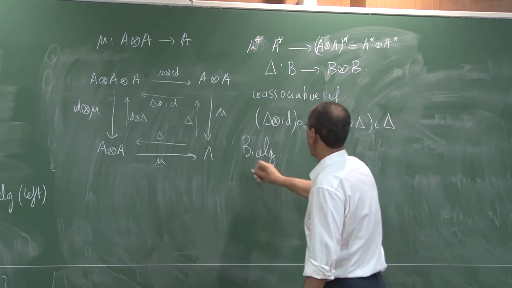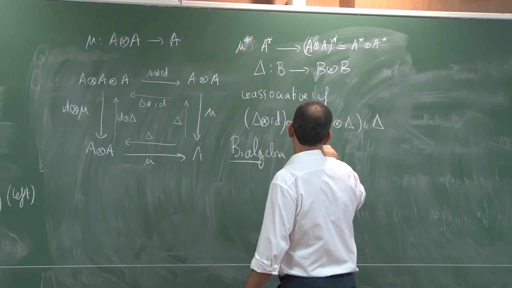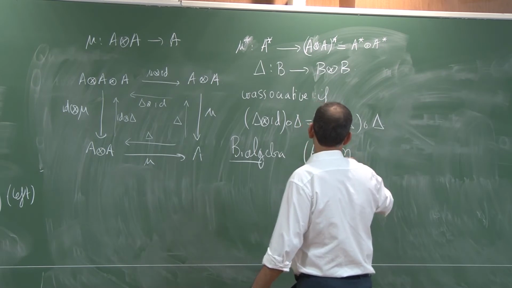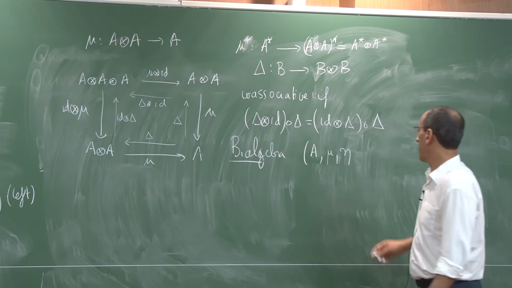A bialgebra is given by a vector space, a multiplication, and also a unit. I didn't talk about the unit, but yesterday Anita mentioned that.